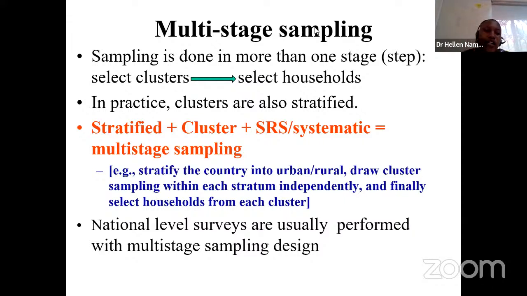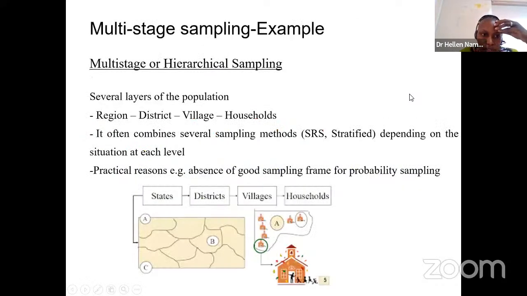After stratifying, you group them into clusters. Then after the clusters, you can go ahead and either do simple random sampling, or you can do systematic sampling. And whatever you end up with will be part of your sample. So that is the multi-stage sampling.